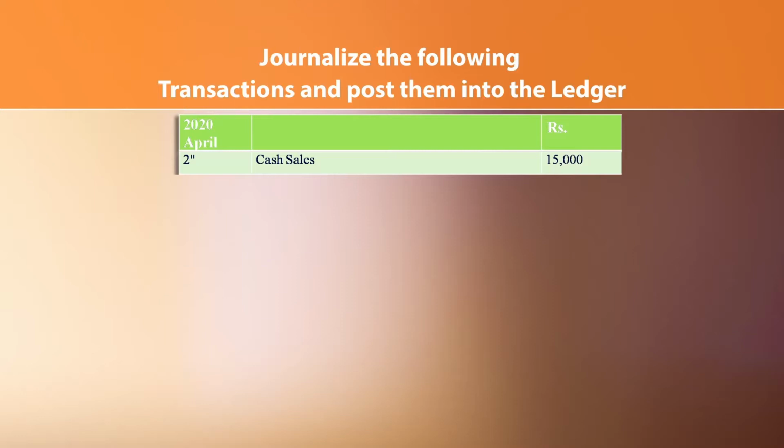So here you see that cash is coming to us and cash is an asset for the business. Accounts of all the assets come under a real account. So therefore here we will apply the rationale of real account.